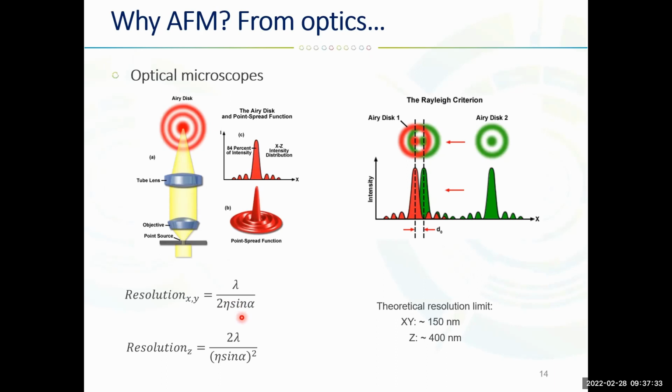Objectives commonly used in microscopy have a numerical aperture that is less than 1.5. This means that alpha is about 70 degrees here. And the theoretical resolution limit is set by the shortest practical wavelength, which is approximately 400 nanometers. So this is basically the limit of the optical microscopy.